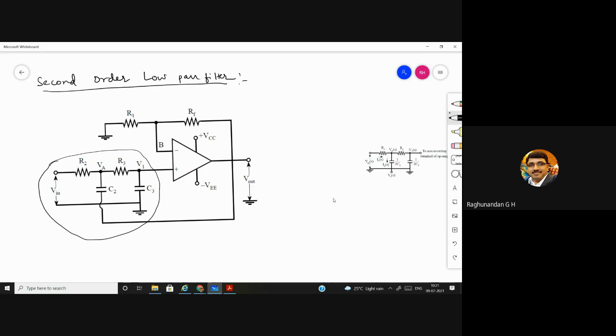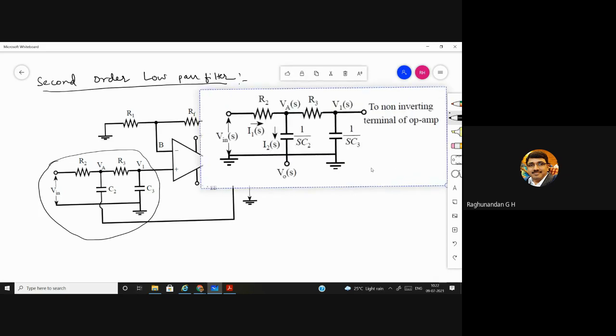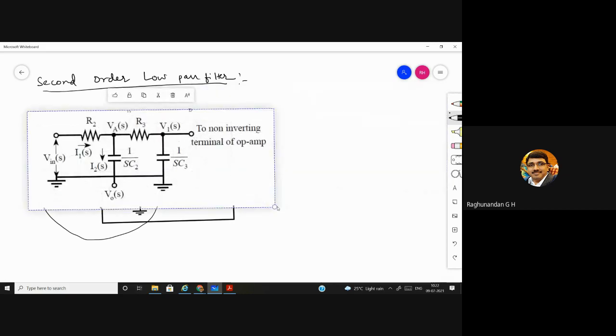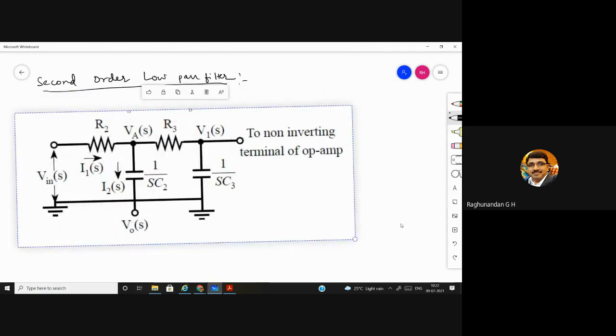And here, since we are going to use the two RC pairs, we will be calling it as the second order. And to this second order low pass filter, we will be applying the mathematical analysis to this portion.